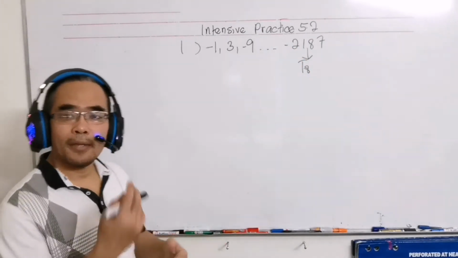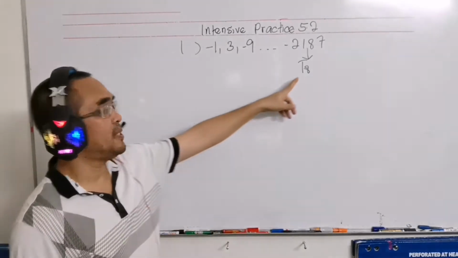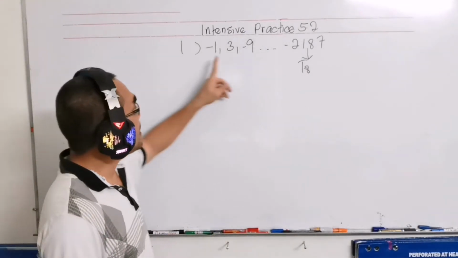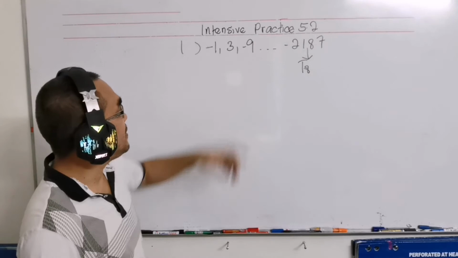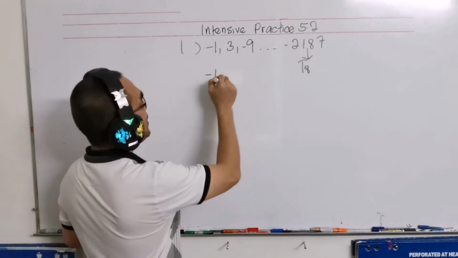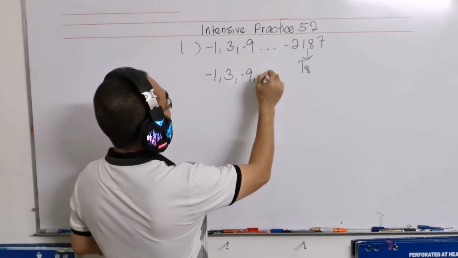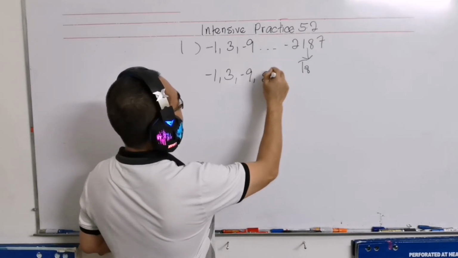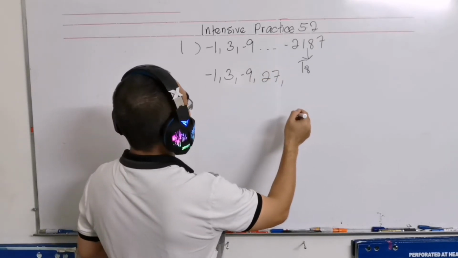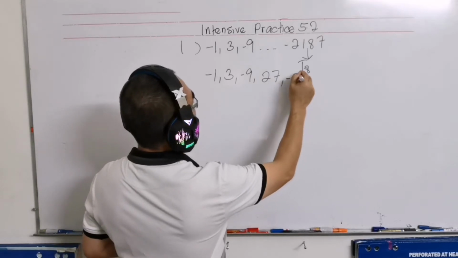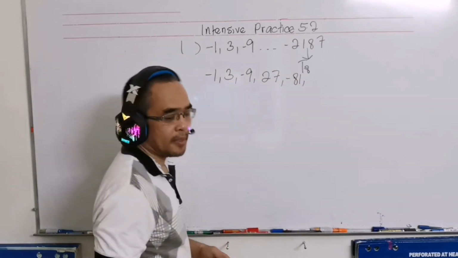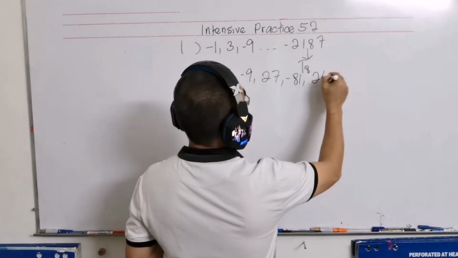Okay, you can try it out, because 8 is not a big number. So negative 1, then 3, negative 9, and 27. Then it should be negative 81, and then 243.